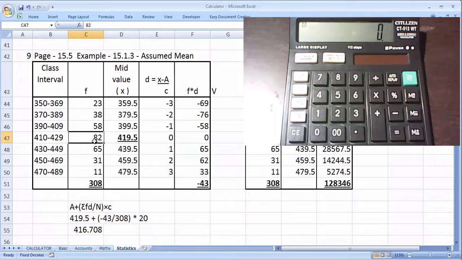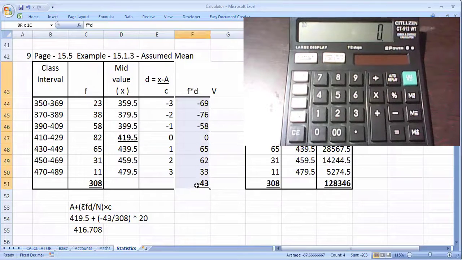First, what we require is the formula: assumed mean plus sigma FD divided by N into C. N means the total of all these students, and C means class interval. So first we need to find the sigma FD.